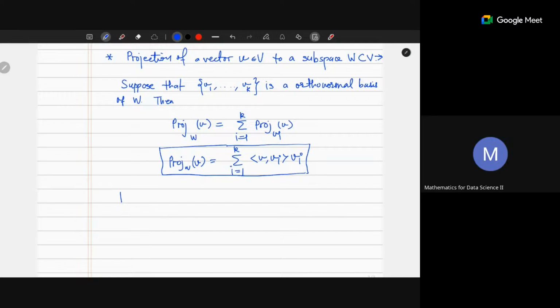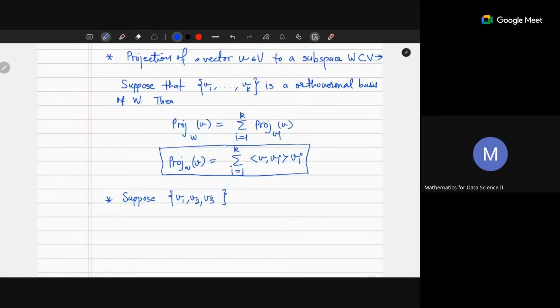Now suppose this case, suppose you are given a set of vectors v1 up to vk, or let me take three vectors.